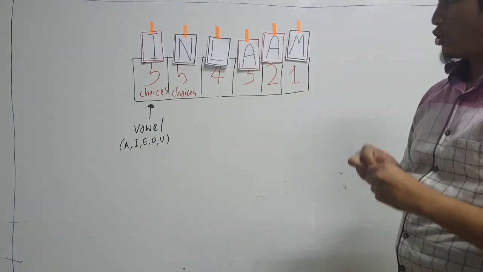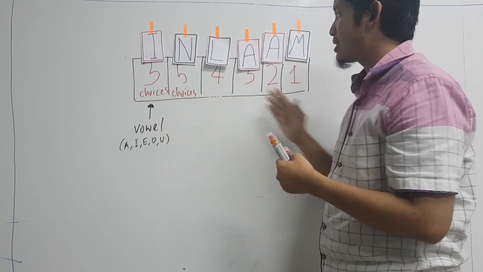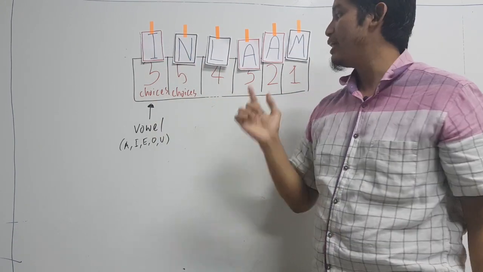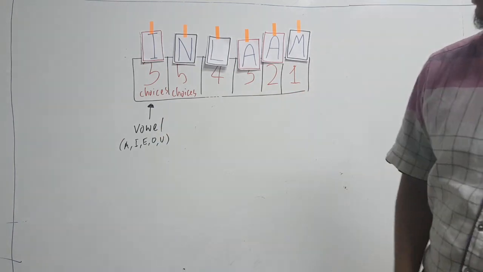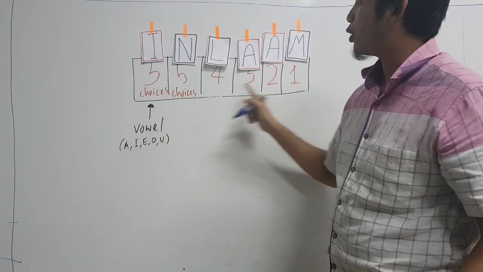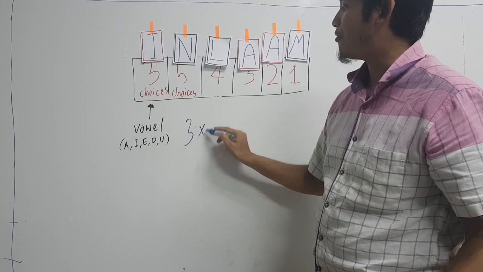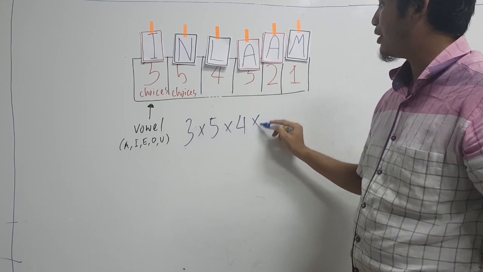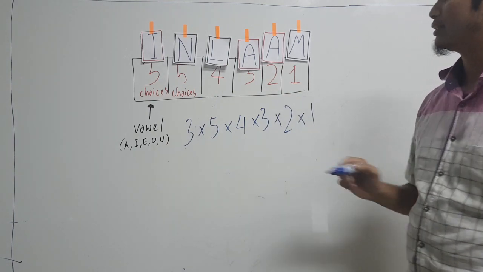So how many ways can we arrange the word al-amin with the condition that it must begin with a vowel? To calculate this, we just multiply all the choices that we have inside the boxes. So we have 3 times 5 times 4 times 3 times 2 times 1.